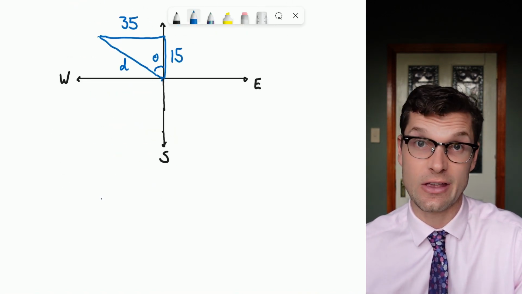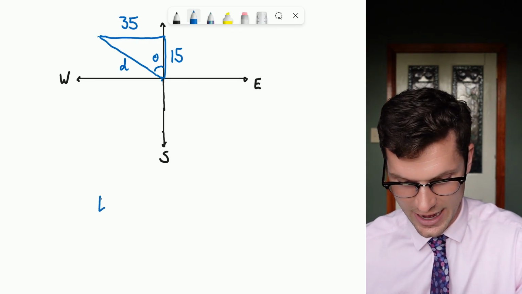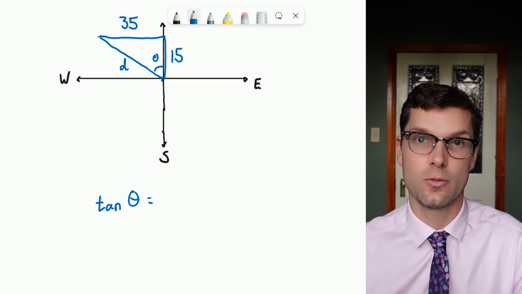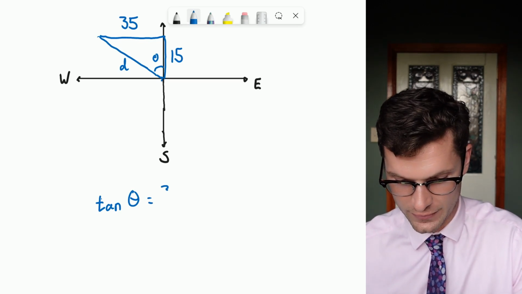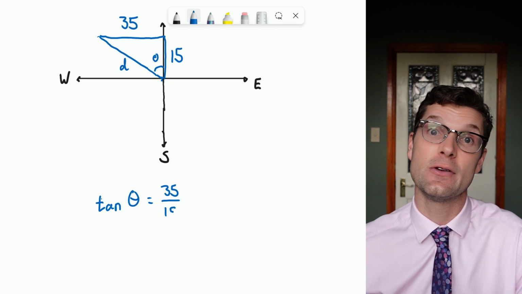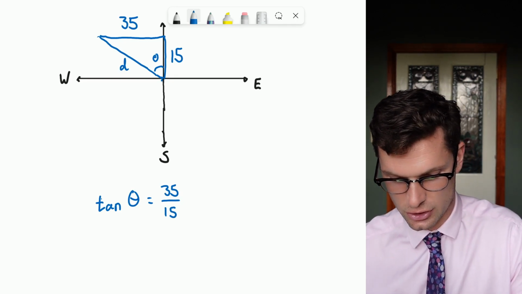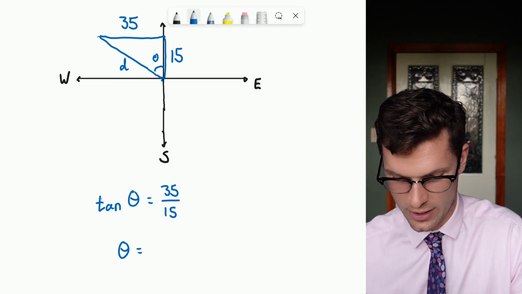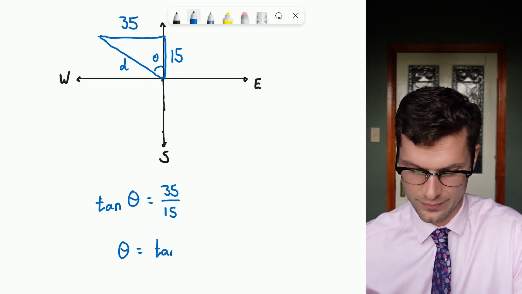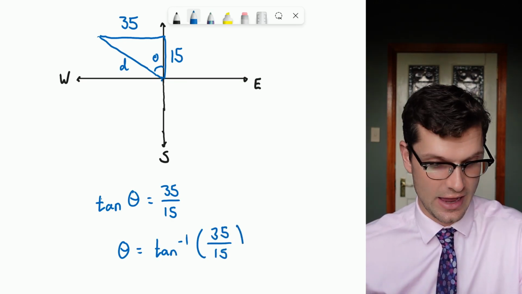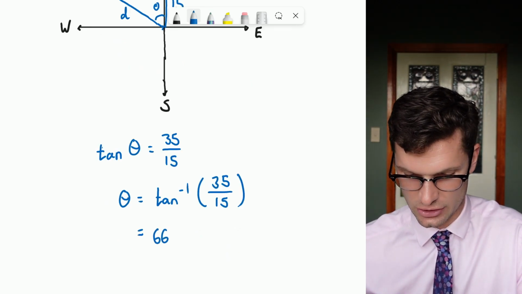So because we've got the opposite and adjacent, we've got tan of our angle of interest is equal to opposite, which is 35, over 15. To find the angle by itself, we just have to do the inverse of both sides. So theta is equal to tan minus 1, 35 over 15. And if you type that into your calculator, you got the answer of 66.8 degrees.